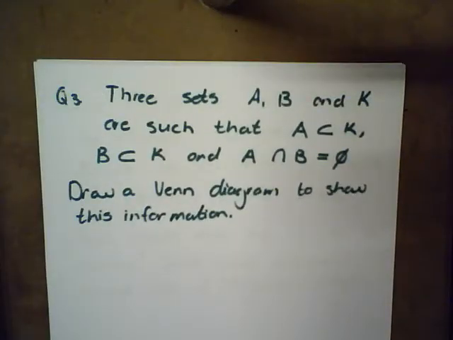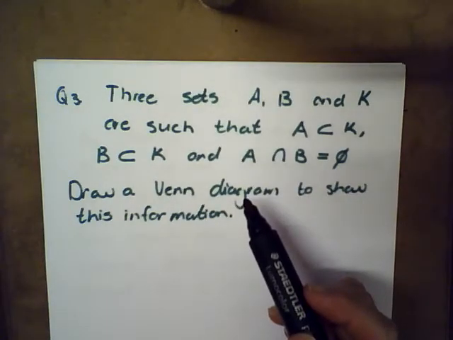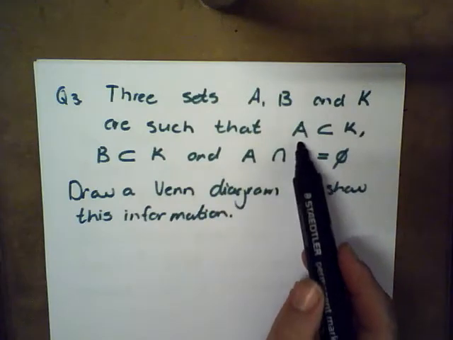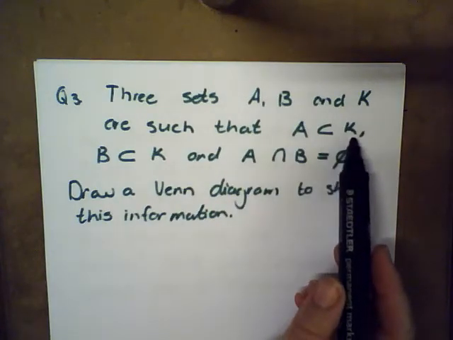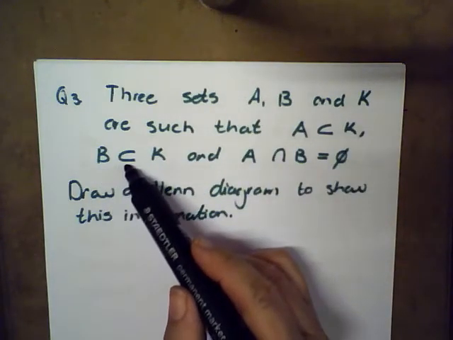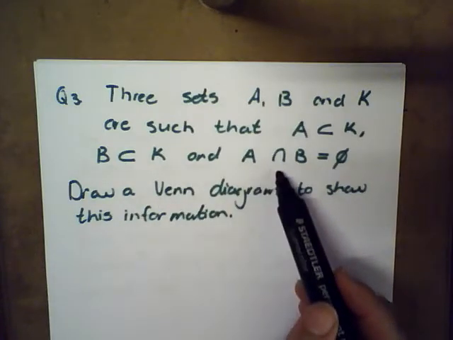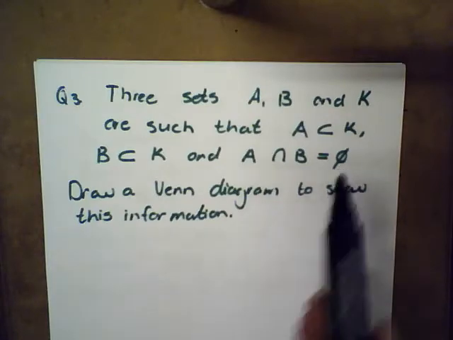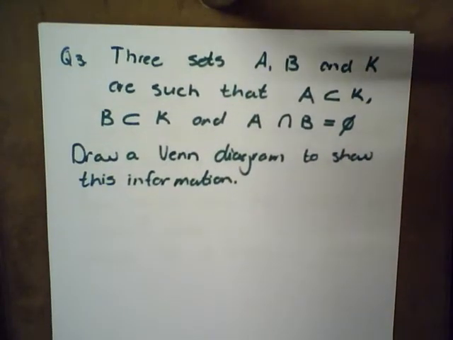Good, so now the third question is, we have 3 sets, A, B, and K, such that A is a subset of K, B is a subset of K, and the intersection between A and B is an empty set. Draw a Venn diagram to show this information.